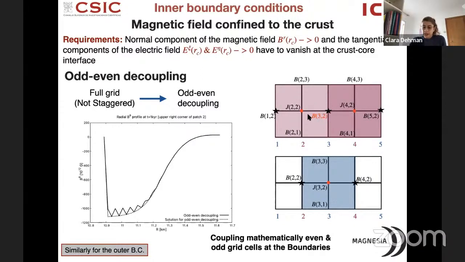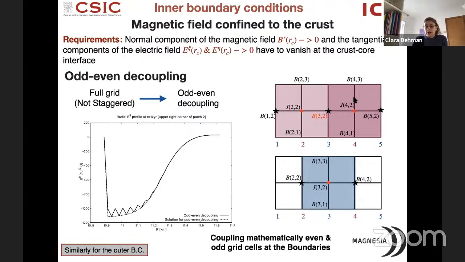These two cells share information about the magnetic field at cell number 3. Now, if we want to calculate the current at cell number 3, we see that it is not sharing any information about the magnetic field with cell number 2 or cell number 4. So they are kind of two separate solutions.